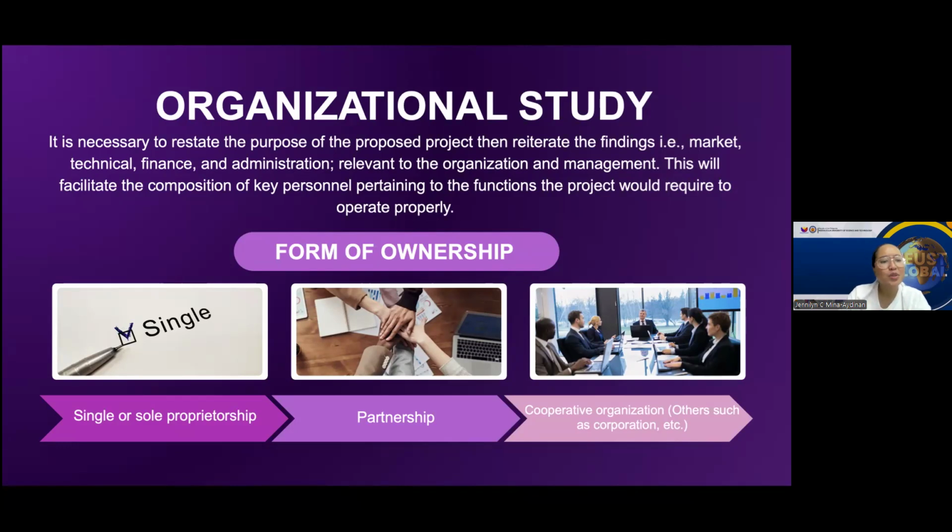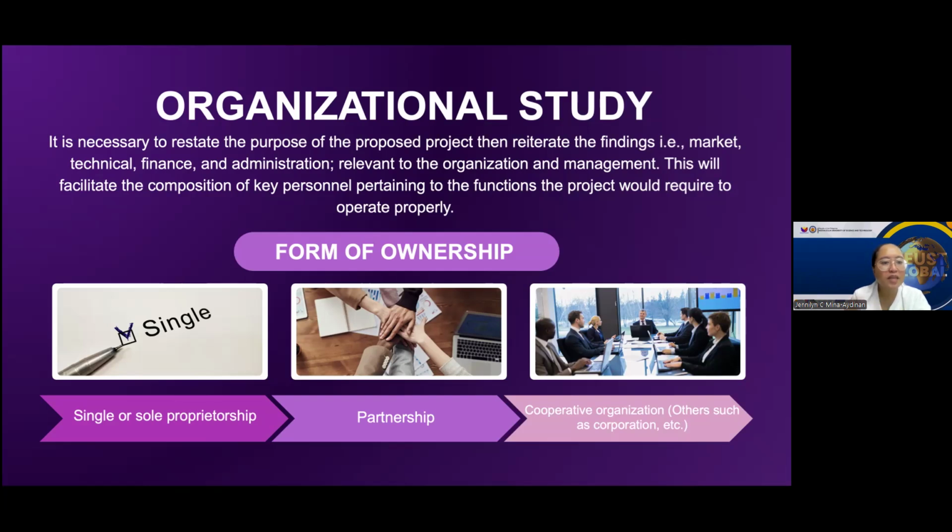Example, students planning a woodworking business conduct an organizational study. The purpose is for the project to produce custom furniture. The key personnel: the production manager, who oversees woodworking operations, and the sales manager, who handles customer orders and marketing.